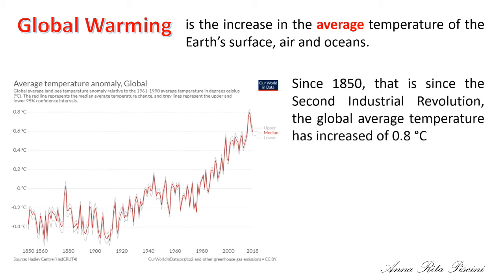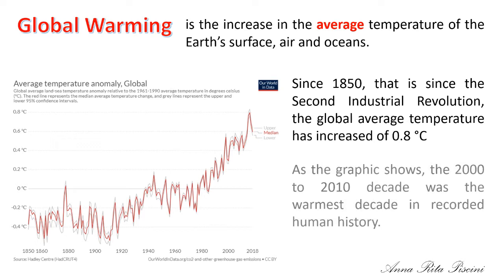Since 1850, that is, since the Second Industrial Revolution, the global average temperature has increased by 0.8 degrees Celsius. As the graphic shows, the 2000 to 2010 decade was the warmest decade in recorded human history.